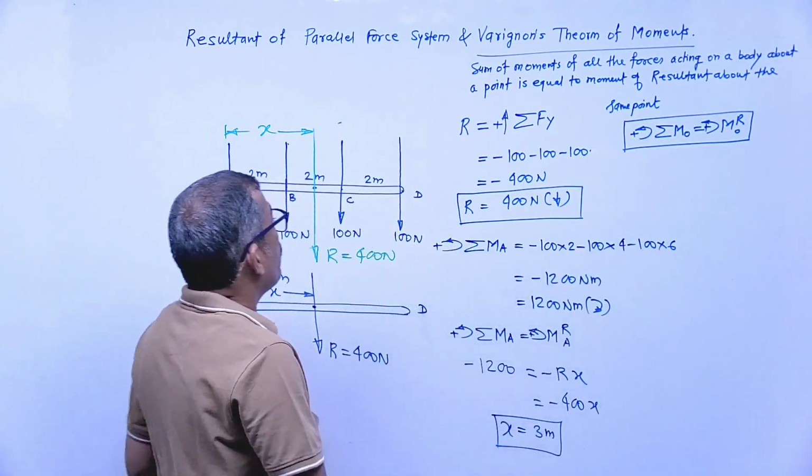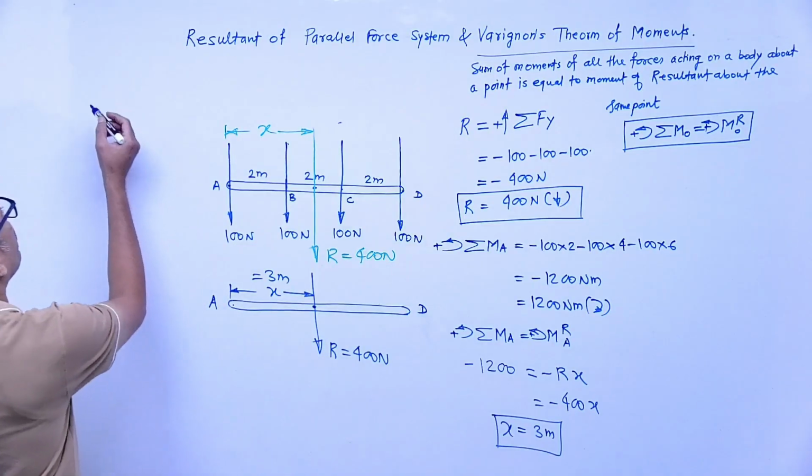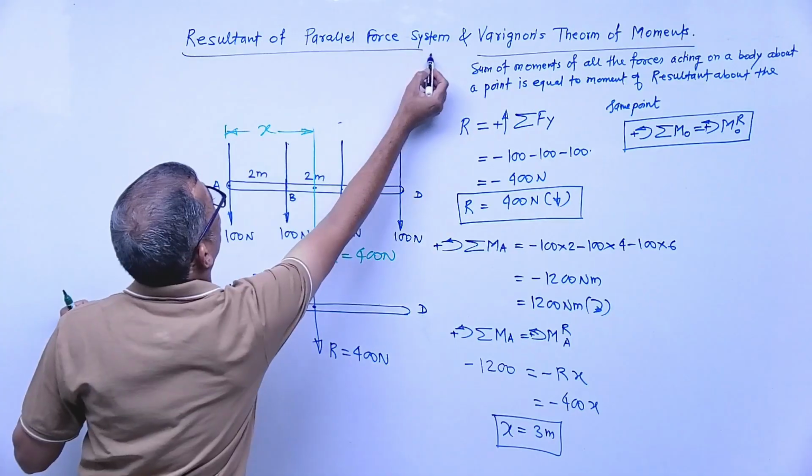Now the resultant of a parallel force system has come. That means what are the steps in finding the resultant of a parallel force system?